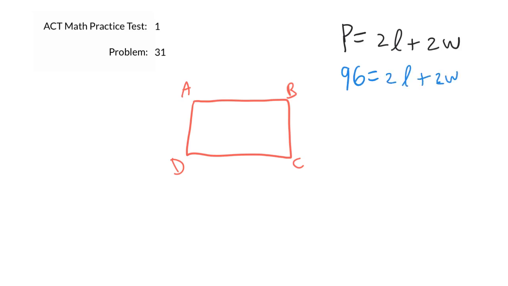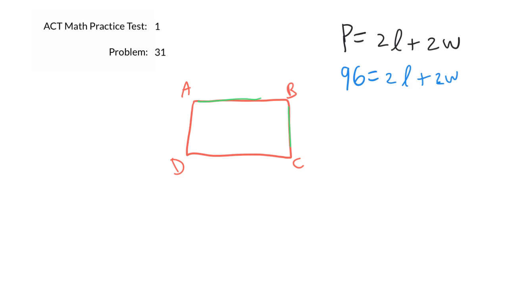2W. And then they say the ratio of the side lengths AB to BC is 3 to 5. Okay, so that's AB to BC. Well, it's 3 to 5, and I'm already seeing this rectangle, unfortunately, is not drawn to scale, but just bear with me.